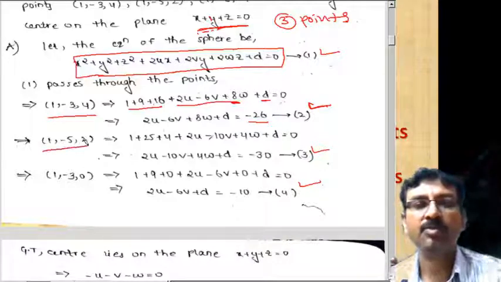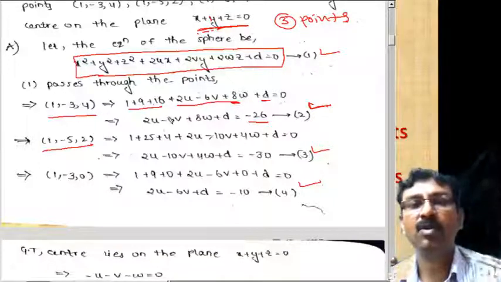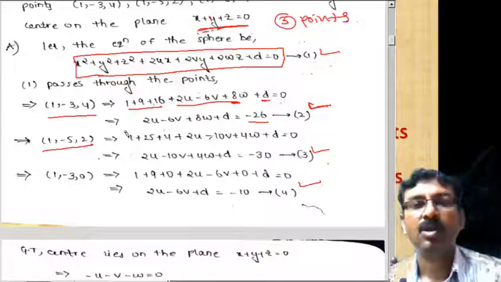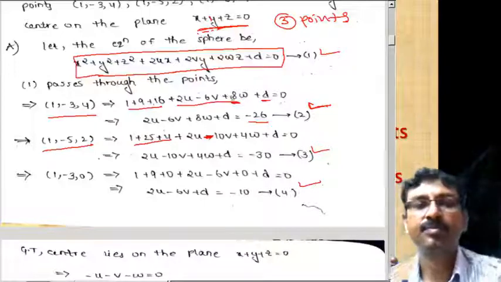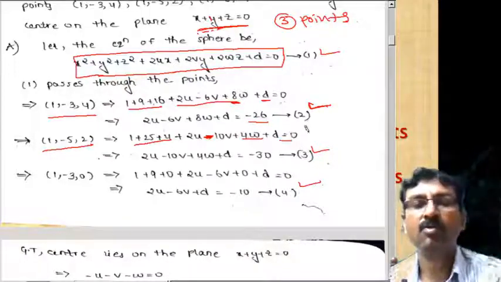Similarly, taking the next point 1, minus 5, 2 and substituting it in the equation 1, we get x square 1 square, 25 minus 5 square and 4 is 2 square, x square plus y square plus z square plus 2ux, x is 1, plus 2vy, here it is minus 2 into minus 5, that is minus 10v, and 4w, 2 times 2 is 4, plus d equal to 0.